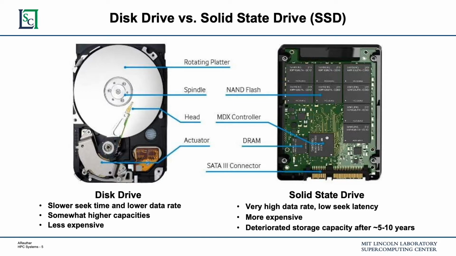Because data is written and read from transistor circuits, solid-state drives have much lower data access latencies and much higher data rates. But the transistor circuits have a finite number of read-write cycles before they become unreliable in storing information. So the controller manages where data is written to get the best reliability and performance for the device.